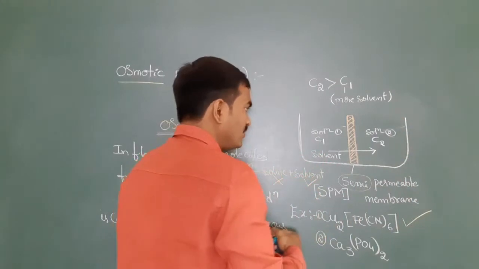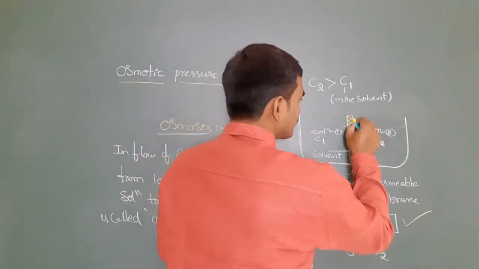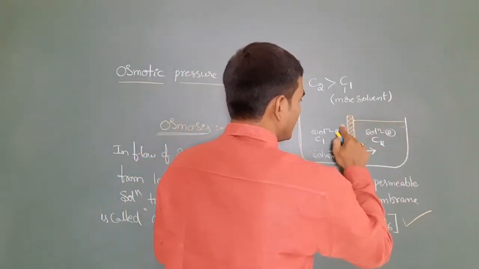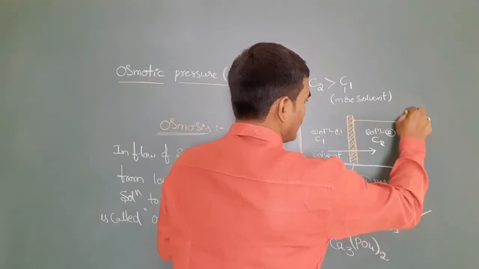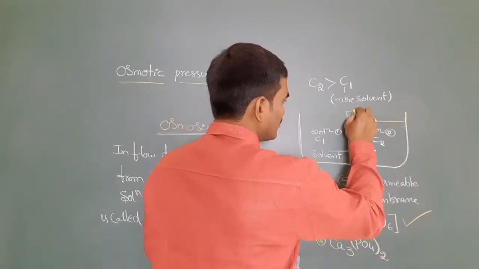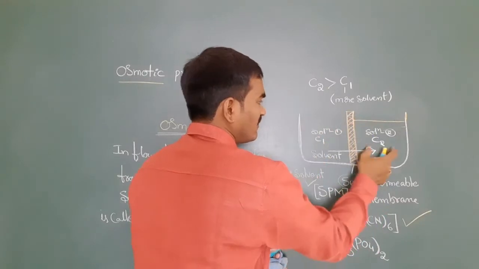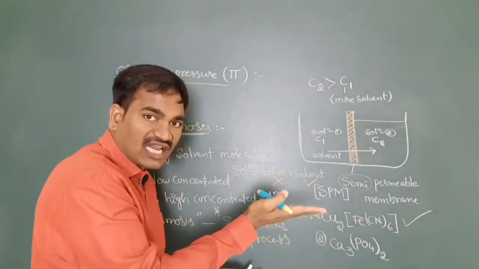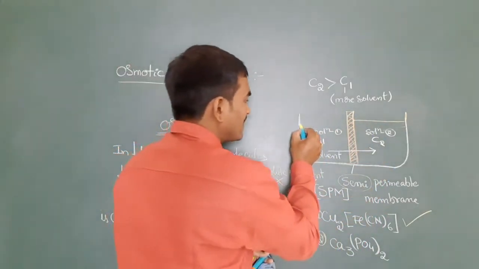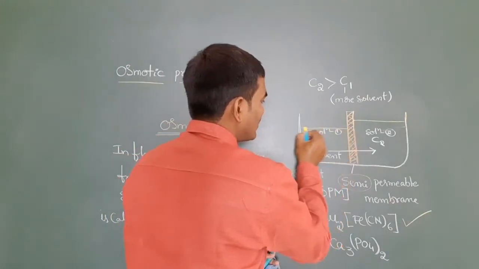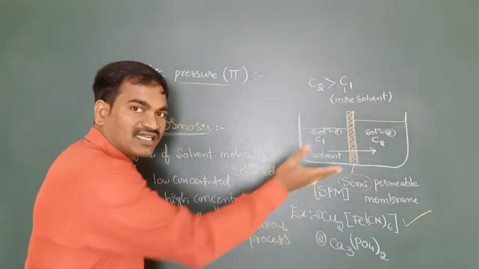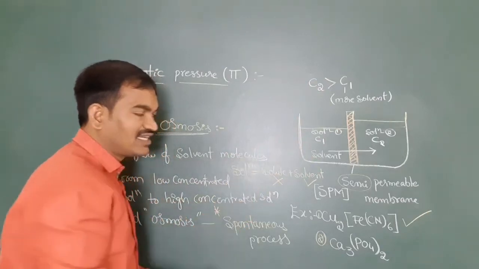Here you see, due to osmosis, the level of the solution on the concentrated side has increased, whereas on this side the level has decreased. Have you got it? That side level increases, this side level decreases.